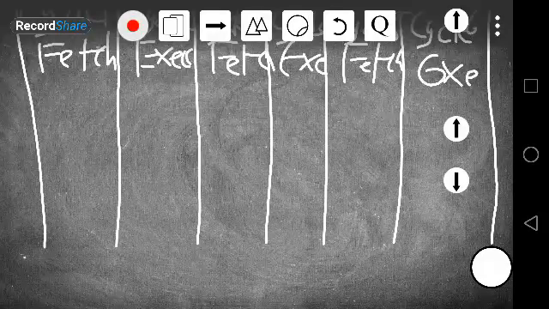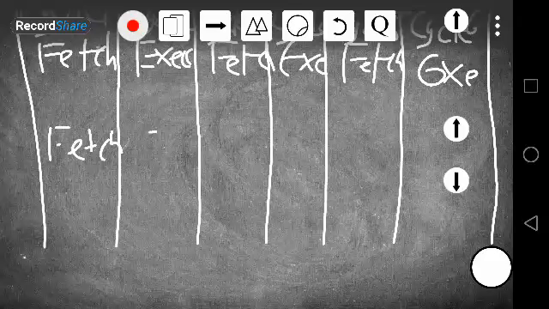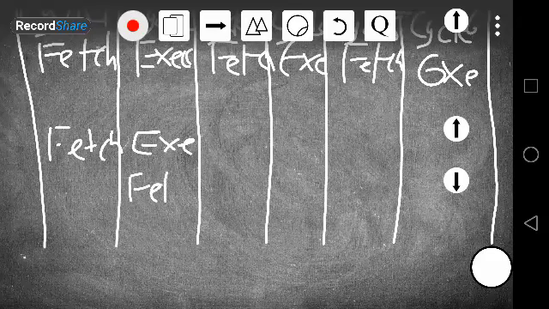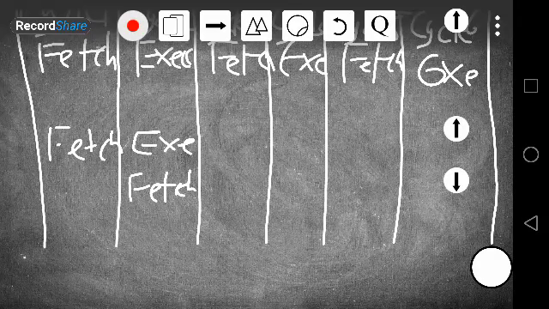All right, but with Harvard it's different. You fetch in the first cycle, you execute, but while it's executing, you can still fetch, because the instruction and data buses are different from execute, so there is nothing stopping you from executing and fetching at the same time.